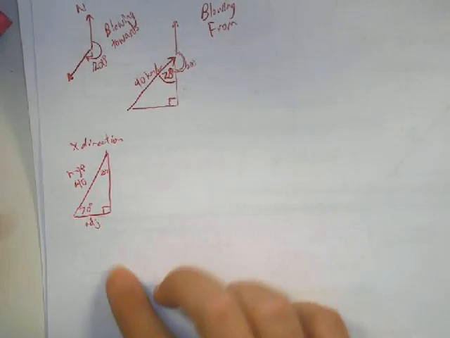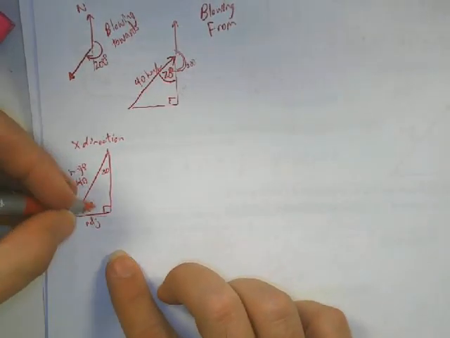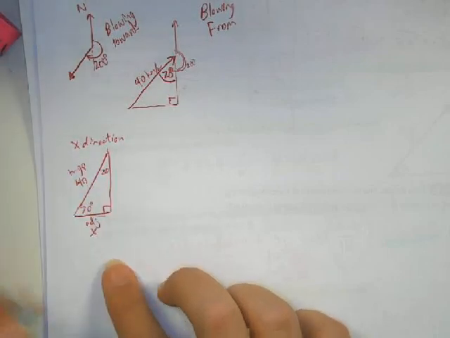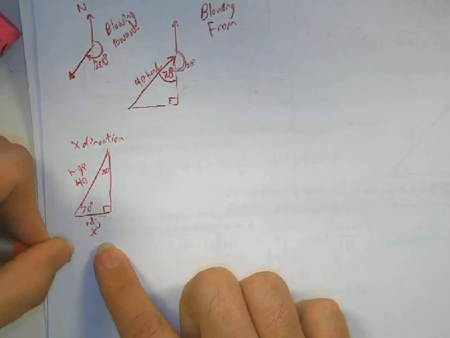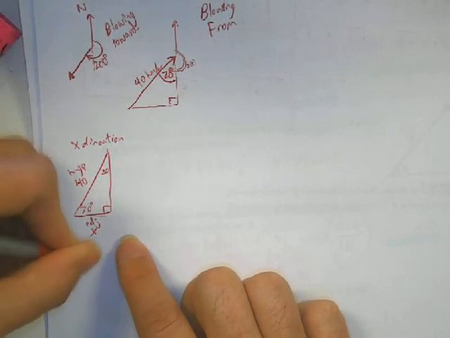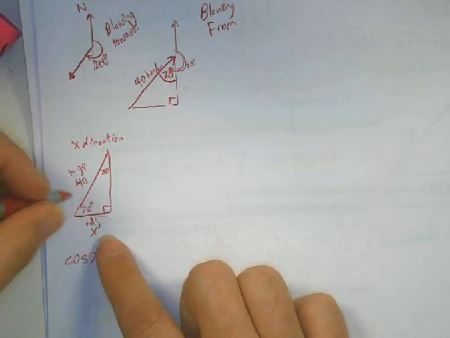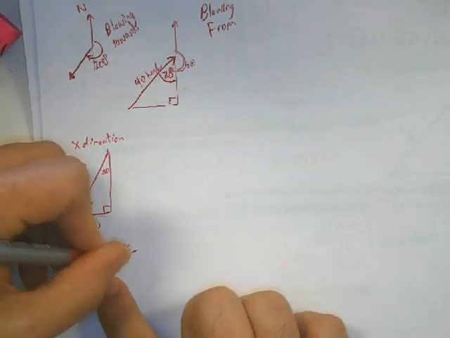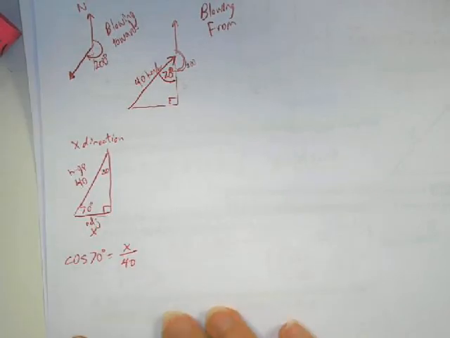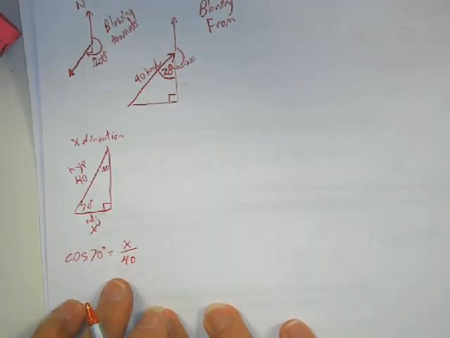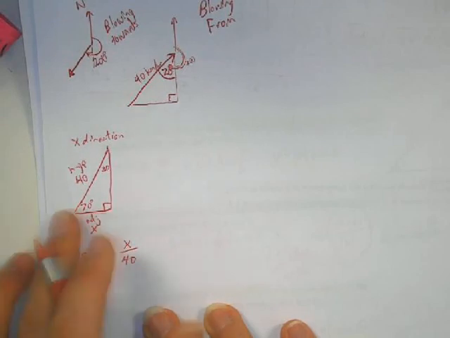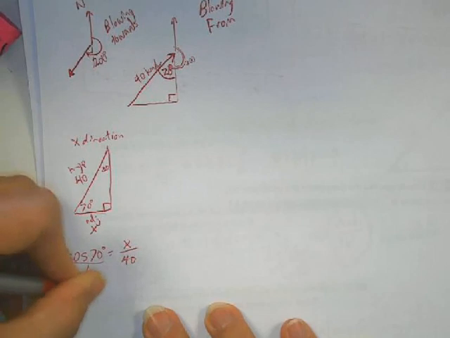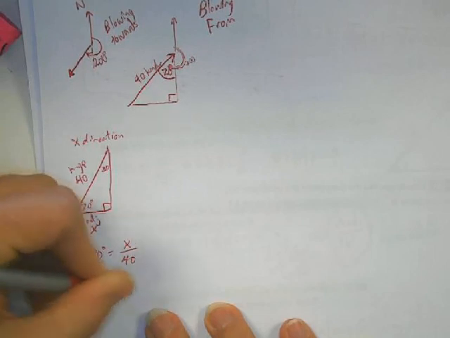I'm going to call that x. So cosine 70 degrees equals adjacent over hypotenuse, so x over 40. If I want to rewrite this in my x direction, I could cross multiply and I get x equals 40 cosine 70 degrees.